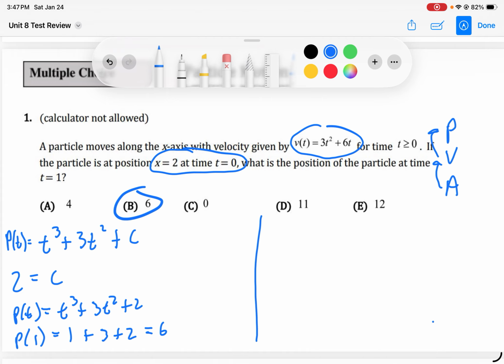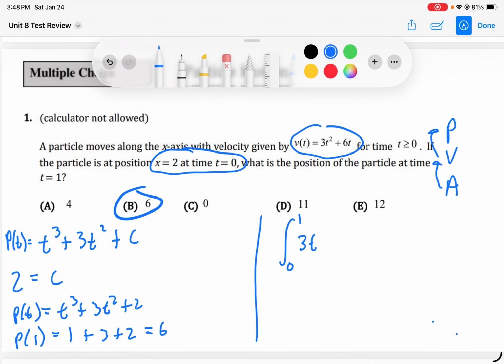Okay, I think the way we kind of want to learn it now is the fundamental theorem of calculus. Given position at a time, if I'm given velocity, and I have position when time is 0, I want to find position when time is 1, I could integrate the velocity, and it basically tells me the distance traveled, or displacement.